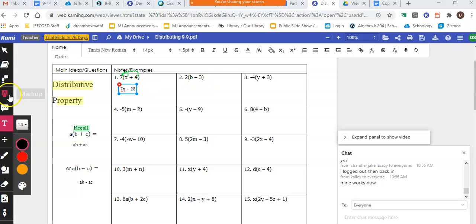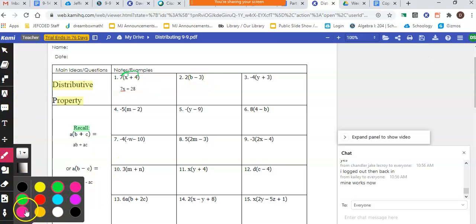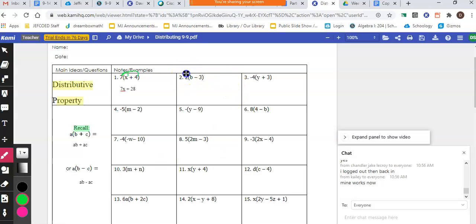All right, so now if you're looking at number 2 again, guys, it's the same concept. Okay? Here, we're going to distribute the 2 to the b, and then we're also going to distribute the 2 to the 3, okay?